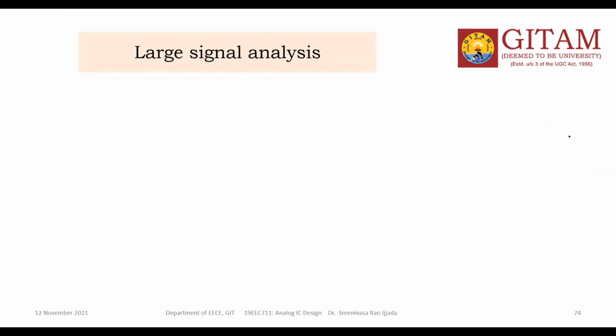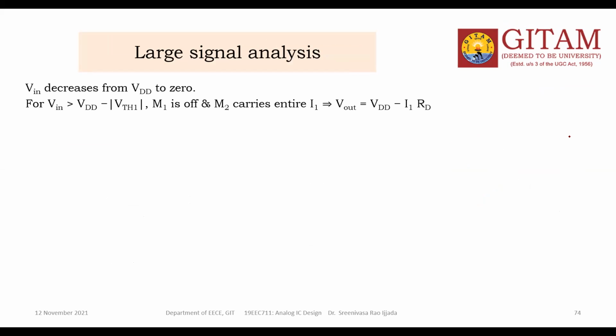So when we come to the large signal analysis, what does it mean? Input voltage variation is different, with more signal variation. Vin decreases from VDD to 0. It's a large variation. Earlier it was VDD, now you are bringing the input voltage to 0. So that is the large signal analysis.